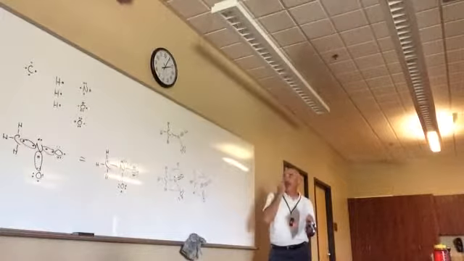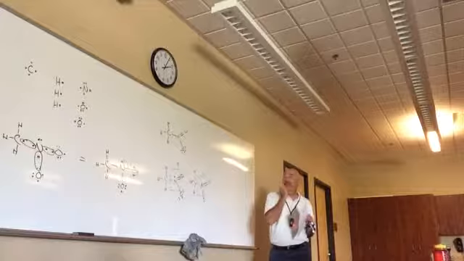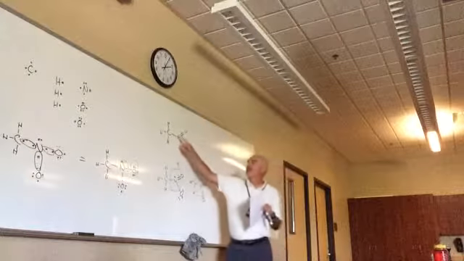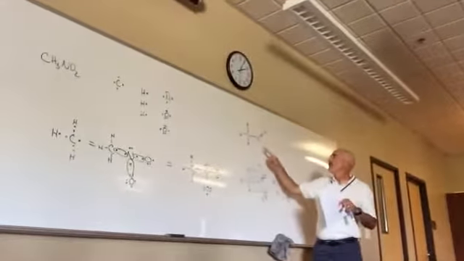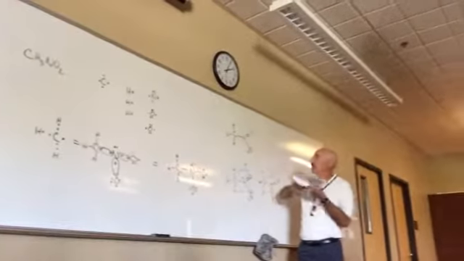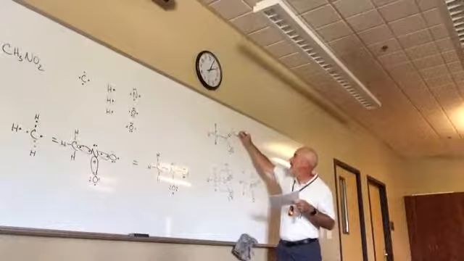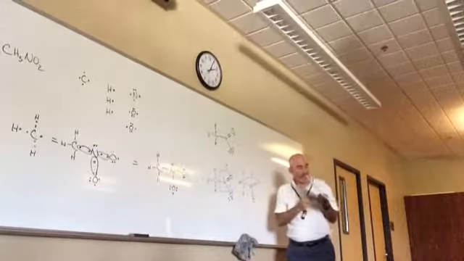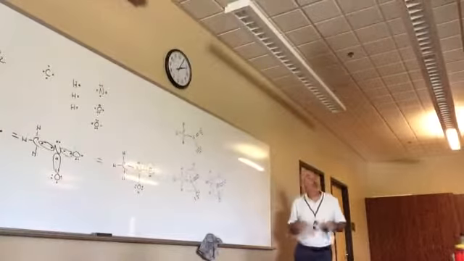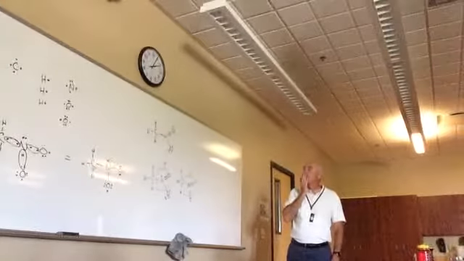So, have I fulfilled my octets now? Yeah. I have 2, 4, 6, 8, 2, 4, 6, 8. Oh, I got to get my other electrons up here. 2, 4, 6, 8, right? So I've fulfilled all my octets.